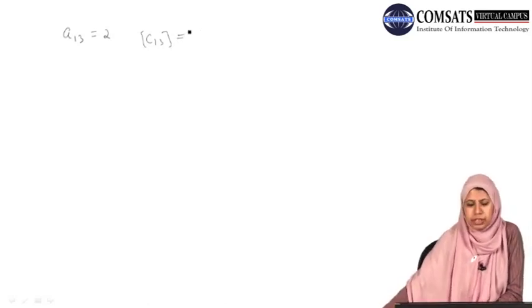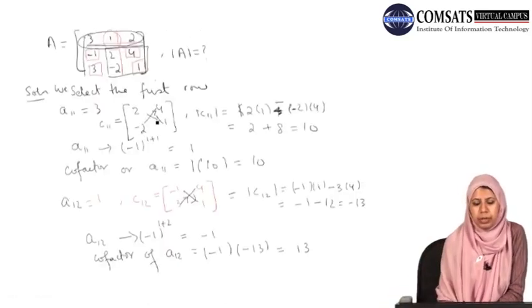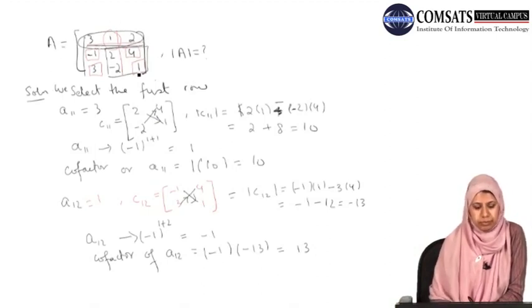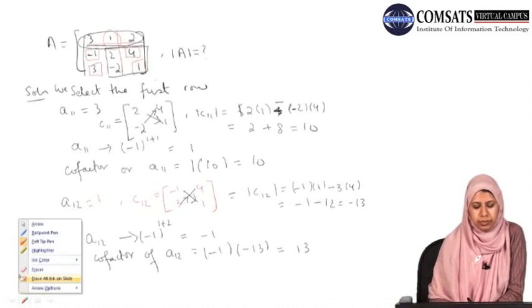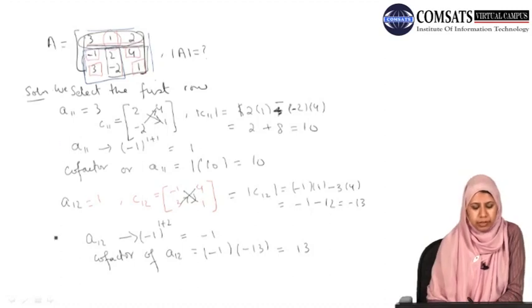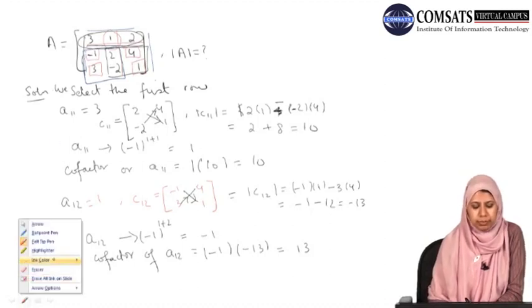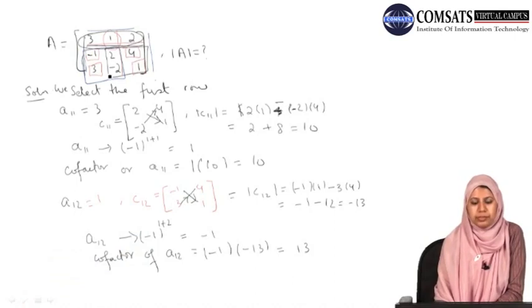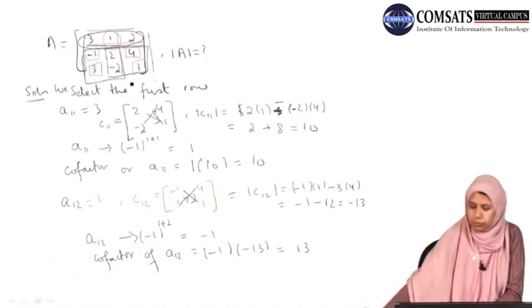The submatrix associated with this entry is obtained by neglecting the first row and the third column. That is, the first row is neglected and the third column is neglected, and we are left with this submatrix with entries -1, 2 and 3, -2.